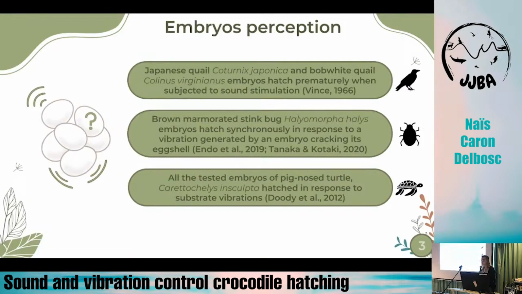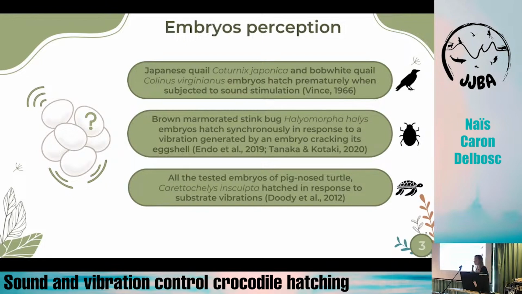So there is previous research on hatching synchronization and the impact of sound and vibration, and how stimuli could have an effect on this synchronization. There are studies on birds, insects, but also turtles.